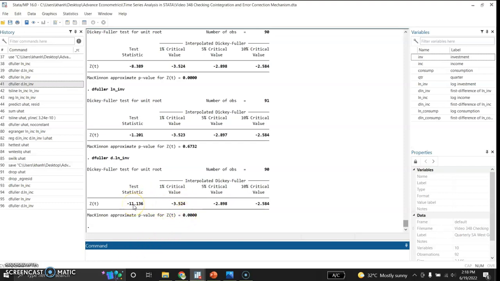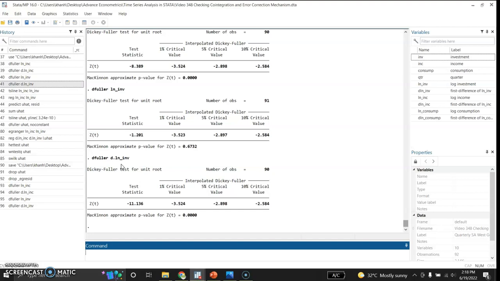The absolute value of the test statistic is much higher than these values, and the p value is 0.000, which is less than 0.05. So we reject the null hypothesis that the natural log of investment in its difference form has a unit root. So we conclude that when we take the first difference of the natural log of investment, then it becomes stationary.